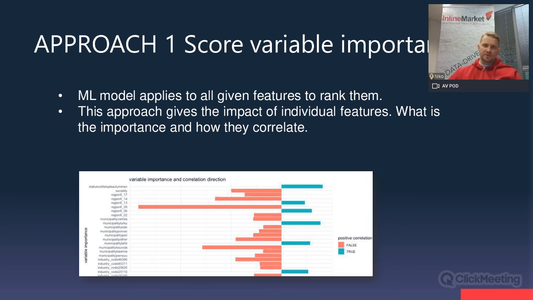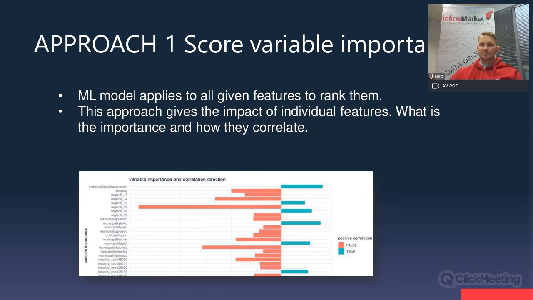So how impactful an individual feature is, and also how they correlate, whether they are negative or positive when it comes to building an ideal customer profile. And this is very useful. It gives you an explicit idea of how it goes.